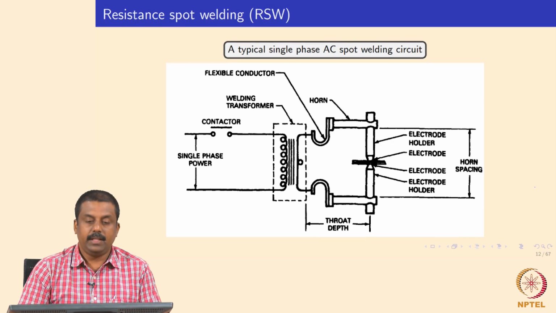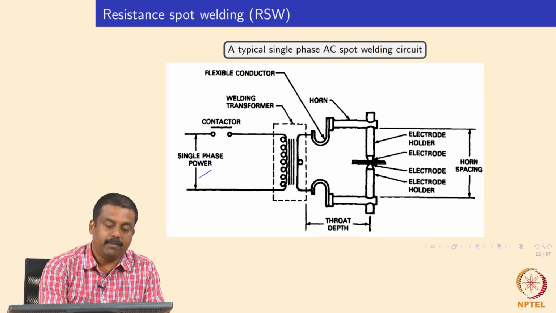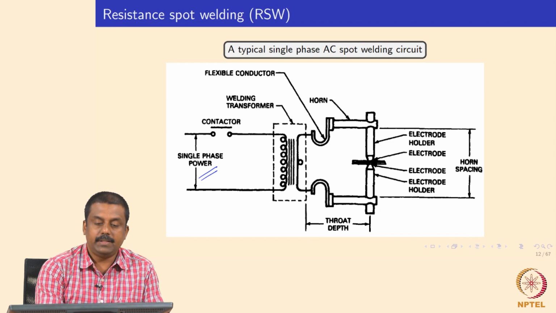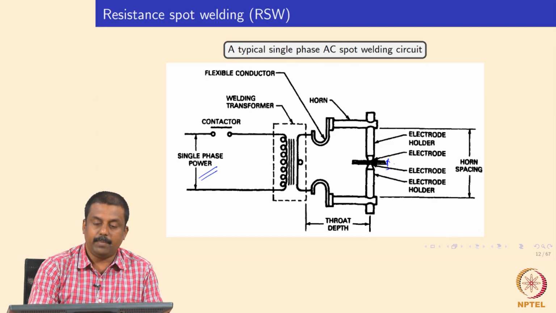So, this slide shows the typical single phase alternating current spot welding circuit. We have single phase power, which is capable of producing the current of required amperage. The rating of the resistance spot welding machine tells you the maximum amperage, and that will determine the maximum thickness that can be welded by a machine.